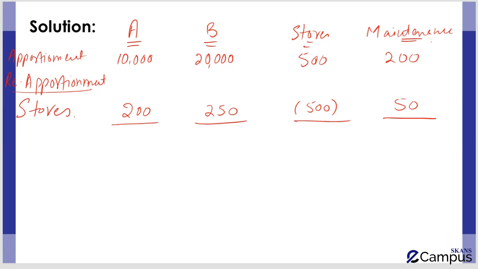After reapportioning the stores, we net them: 10,200, 20,250, nil balance for stores, and now maintenance has a new balance, which is 250. Now when we reapportion the maintenance, we will reapportion the amount 250, not the 200. The reason for reapportioning stores first was so that we get the total value for the maintenance.